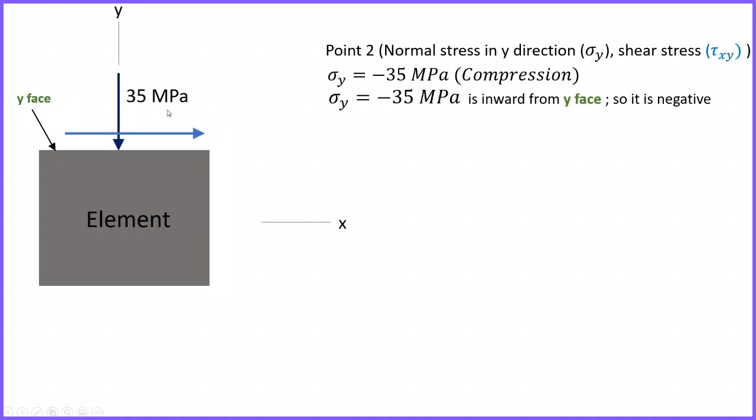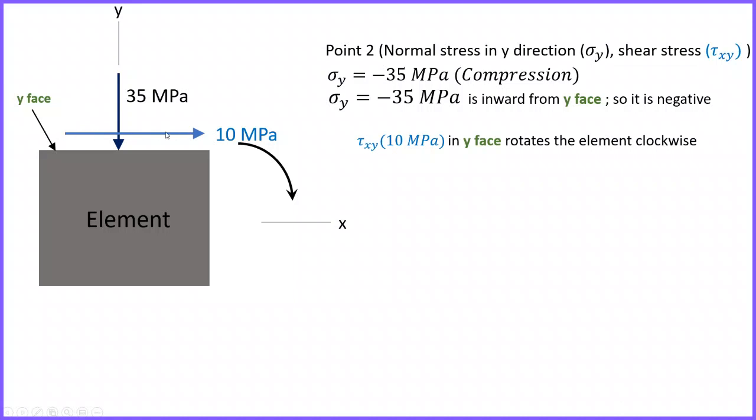And here on this y face there is a shear stress of 10 megapascal, and this 10 megapascal on the y face rotates the element clockwise, and shear stress that causes clockwise rotation is negative according to the sign convention.